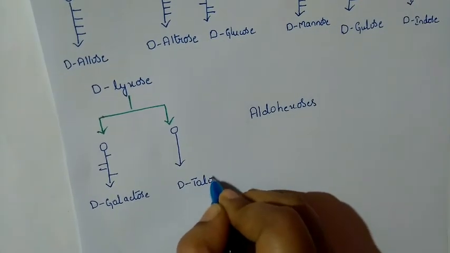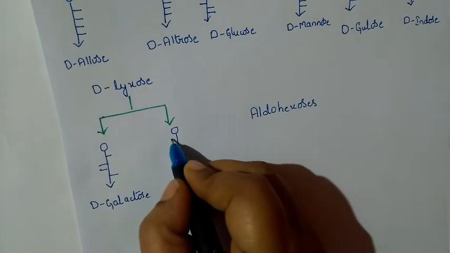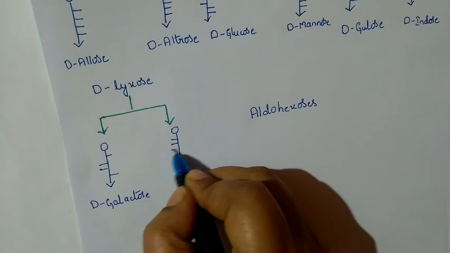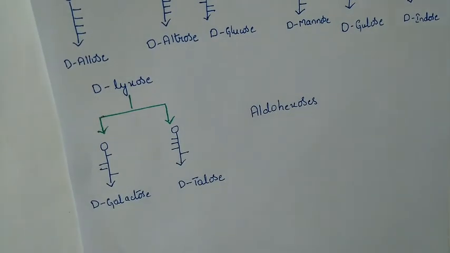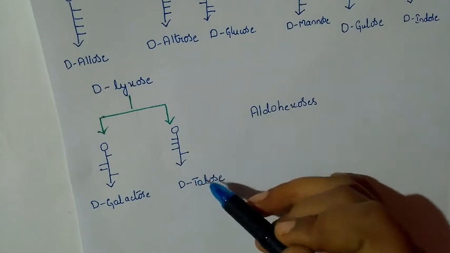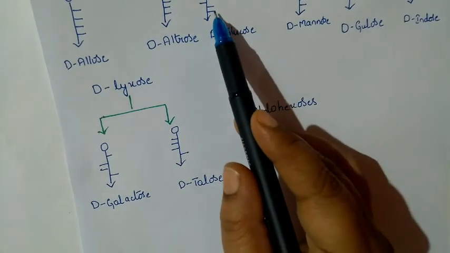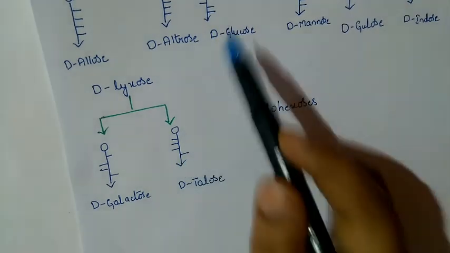Here all towards left side, only one towards right side. When you consider D-glucose and talose, you can make out only the 5th carbon is towards the right side, the remaining all towards the left side.